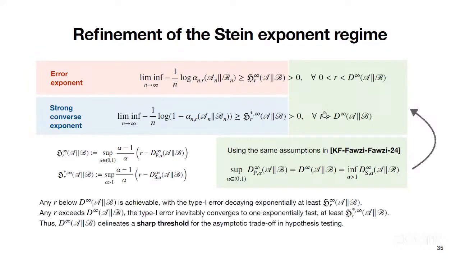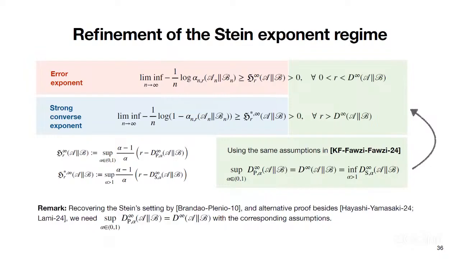So this will be a stronger result than the Stein exponent that we have, because if r is below the divergence, everything is achievable, and we know the type 1 error probability will decay exponentially, at least with this non-trivial rate. And if r is larger than this threshold, we know the type 1 error will converge to 1, and also converge to 1 exponentially fast at this non-trivial rate. So this refines the Stein exponent regime and sets the regularized relative entropy as a sharp threshold for the trade-off.